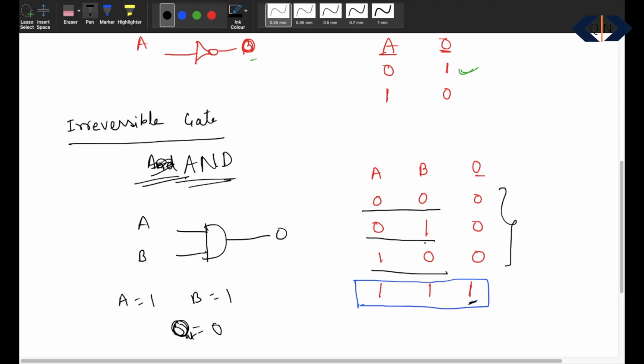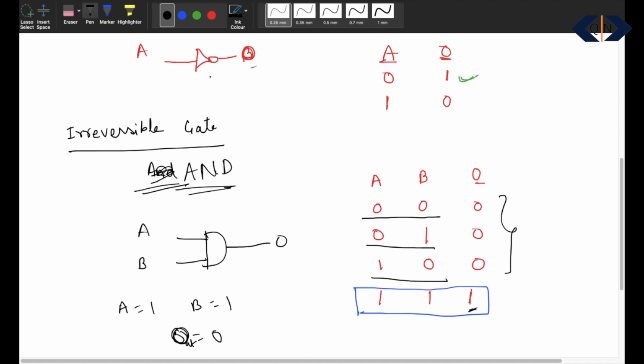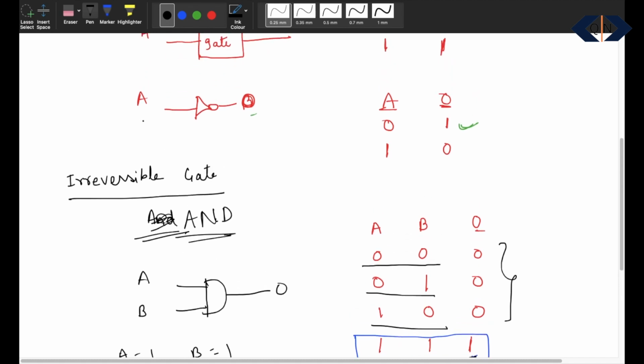So did you get one thing? See, the input has two pins. In the previous case input was 1 and output was 1, so we got a proper reversible gate.